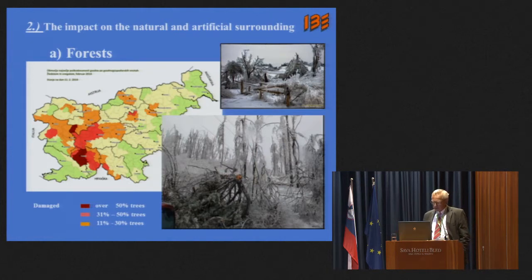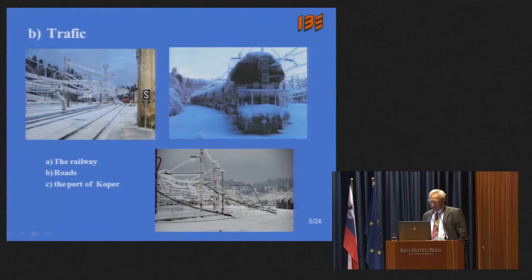The next influence was on traffic, on the railway. We have a direct railway connection from the port of Koper to Ljubljana and to Middle Europe, so a very important railway, which was out of order because the electricity network of the railway fell down.